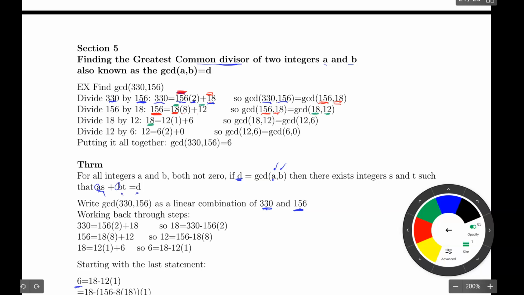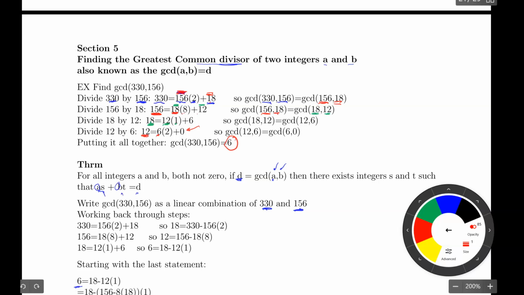I move the 18 over here, and how many 12s can fit inside? Just 1, with a remainder of 6. So the 12 I move over here, and 6, oh my goodness, there's no remainder. That's how I know I've got the greatest common divisor of 6.